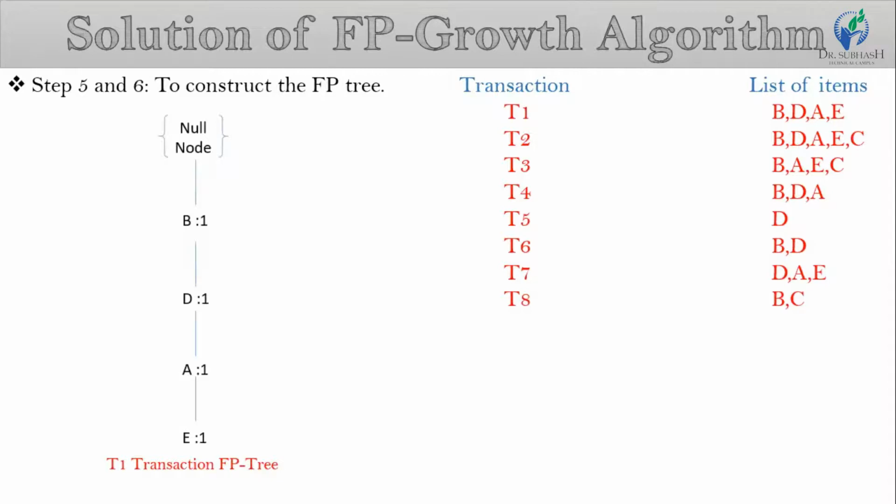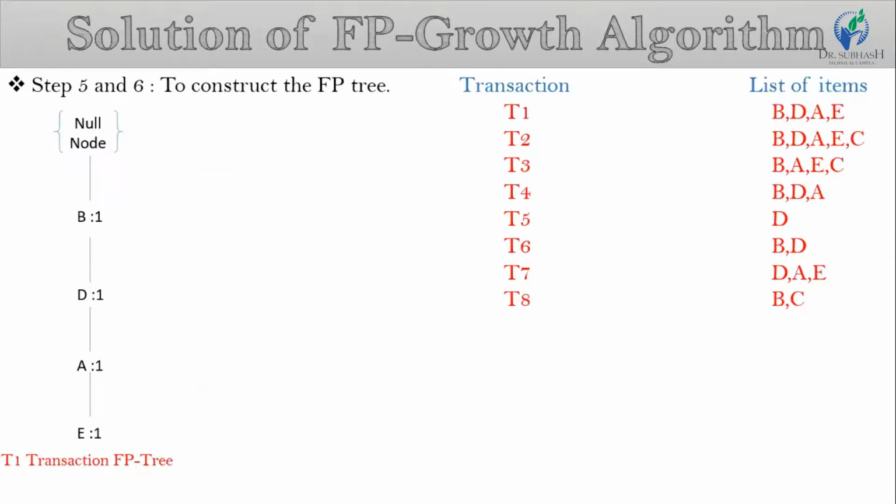Note that all FP trees have a null node as the root node. So draw the root node first and attach the items of row 1, meaning row 1 includes items B, D, A and E. We include these items one by one respectively, like in the figure, and write their occurrence in front of each.